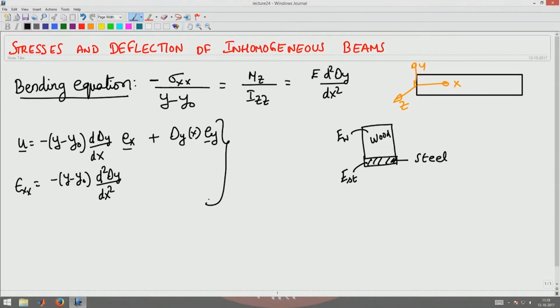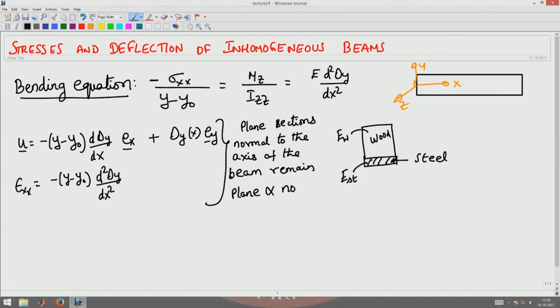Meaning we still assume plane sections normal to the axis of the beam remain plane and normal to its axis.